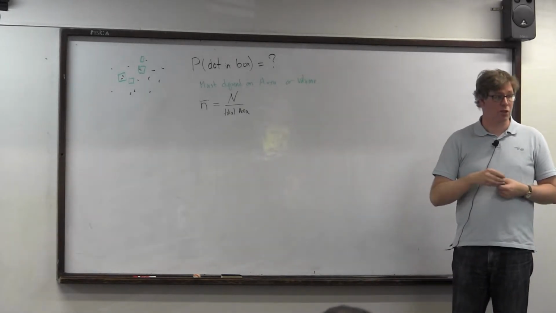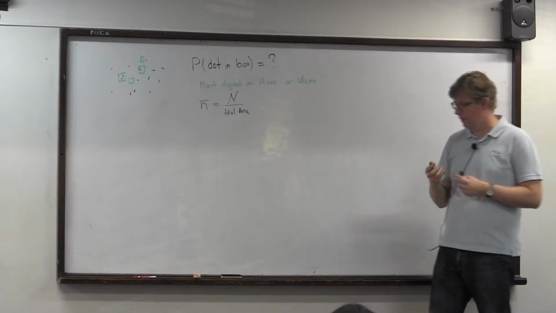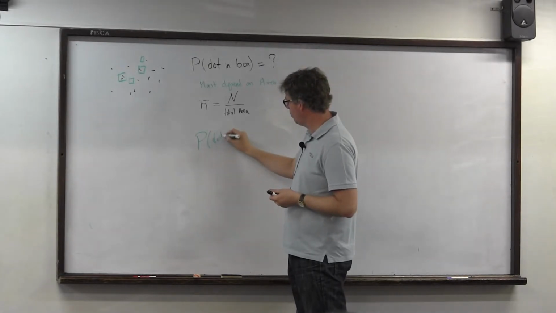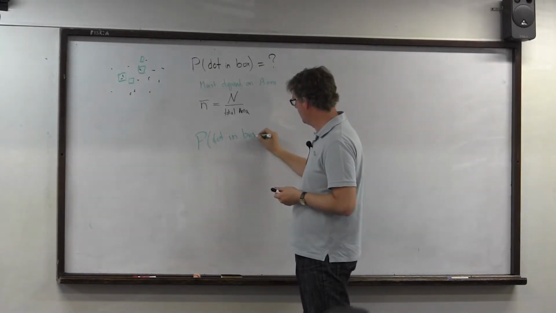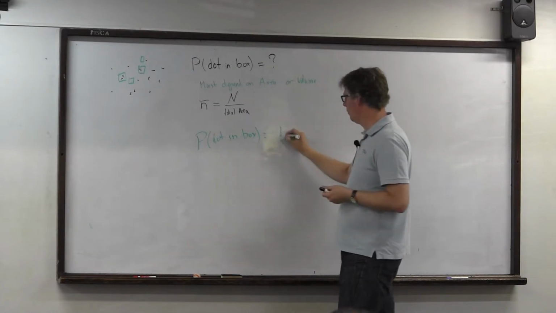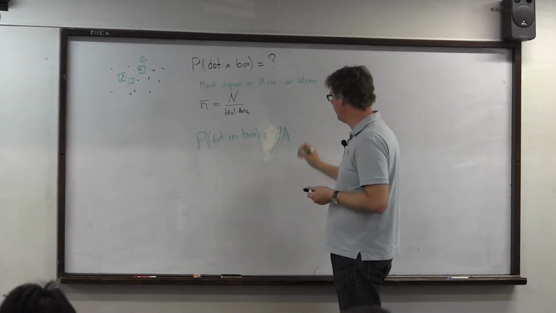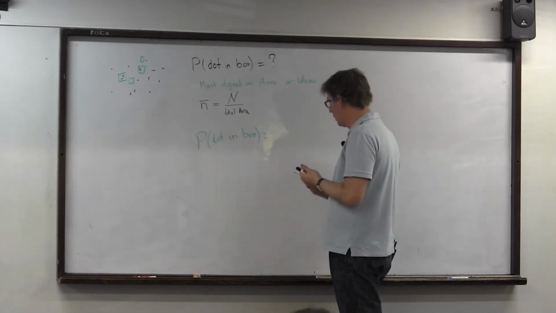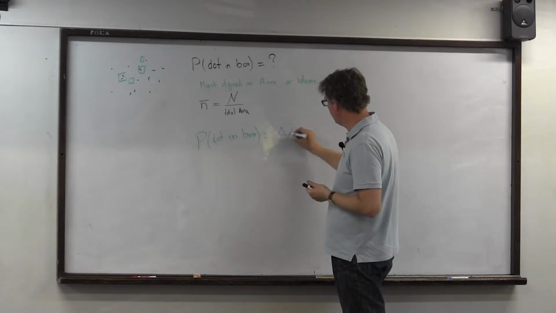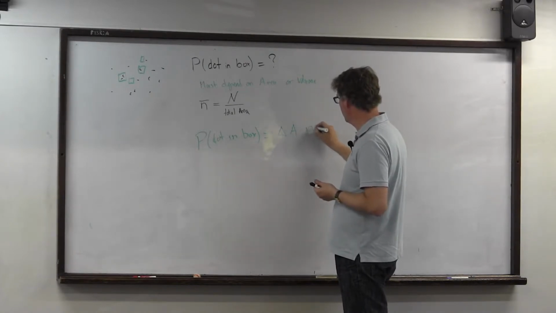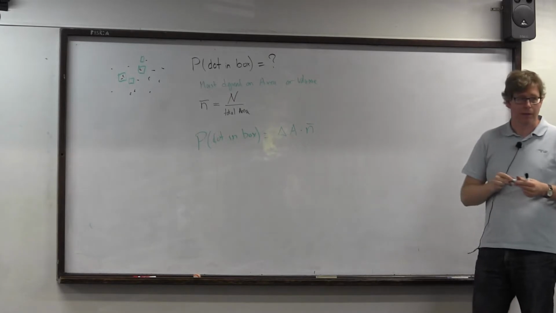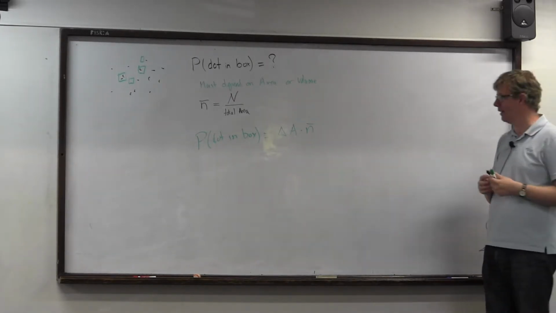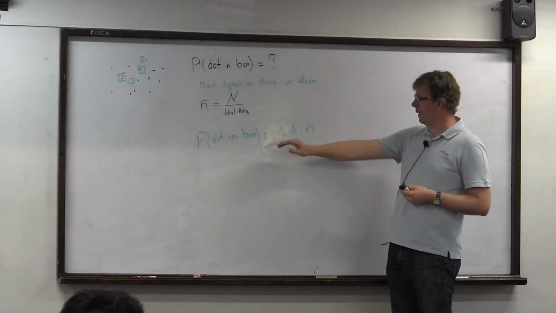And so the chance of finding one dot in the box is going to be the area, I'll call it delta A, times the mean density. Okay, probability theory is not more complicated than that for this kind of level. And so that's just a chance.